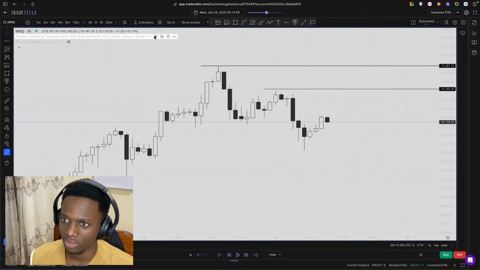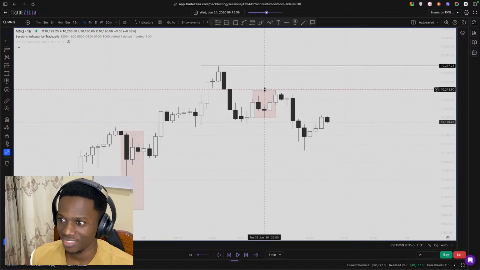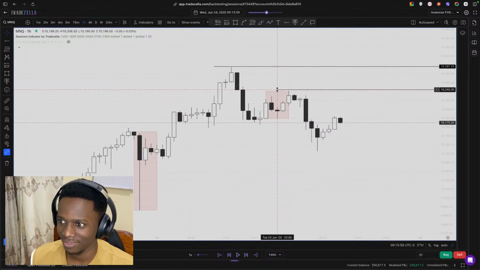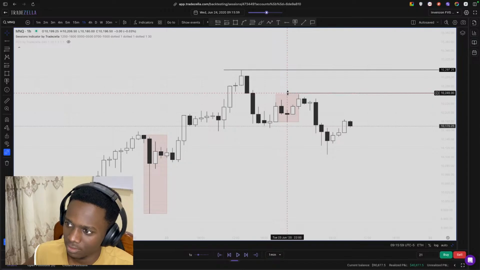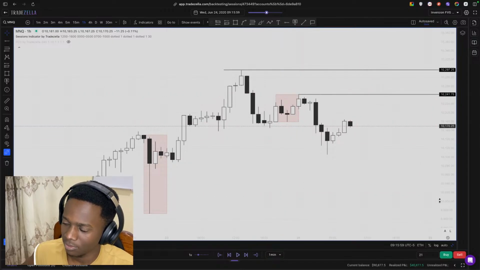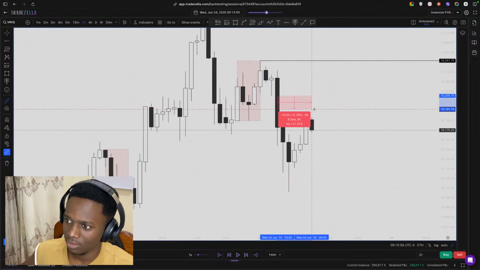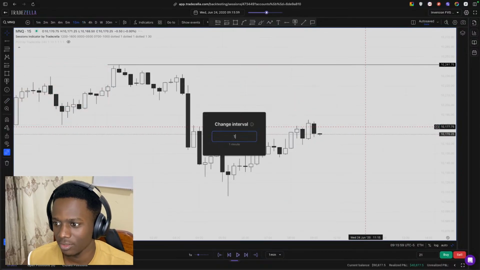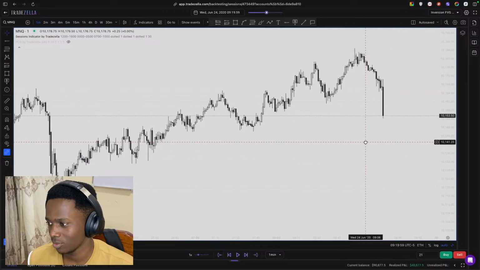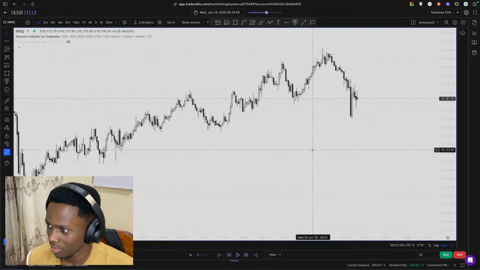Where are the Asia highs and lows at? Ooh, Asia highs, very beautiful target. I'd like to see price head to this high here, and maybe embrace this gap instead. Continue higher.